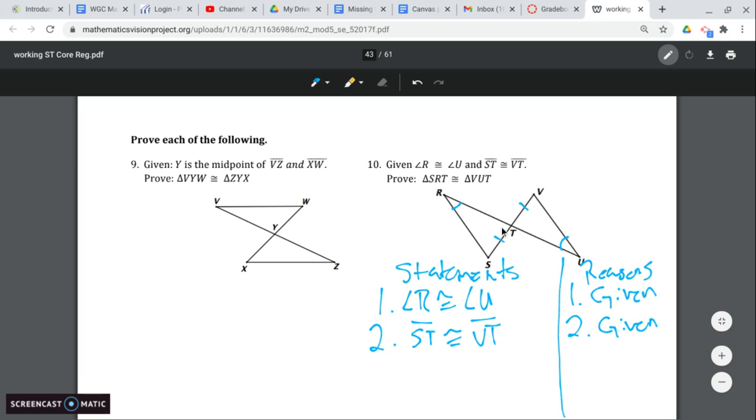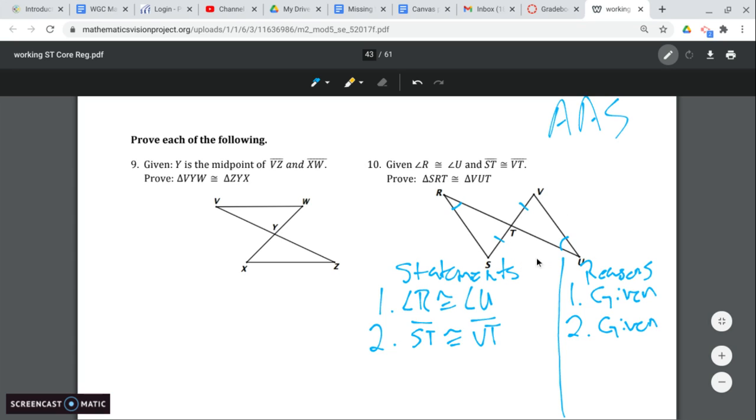So we've got this angle and this angle right here, vertical angles. And what do we know about vertical angles? We know that they have to be the same. Now, at this point, we don't have a way to prove, oh, yeah, we do. We have angle, angle, side. So we can use angle, angle, side.